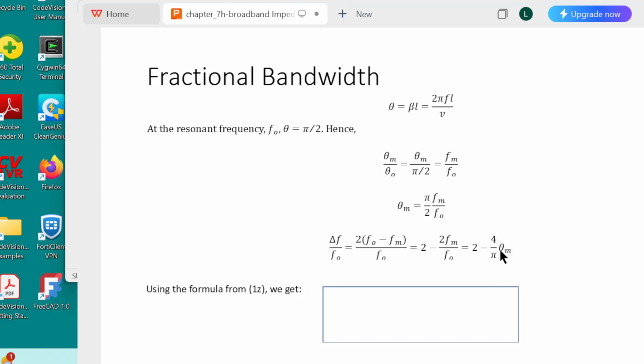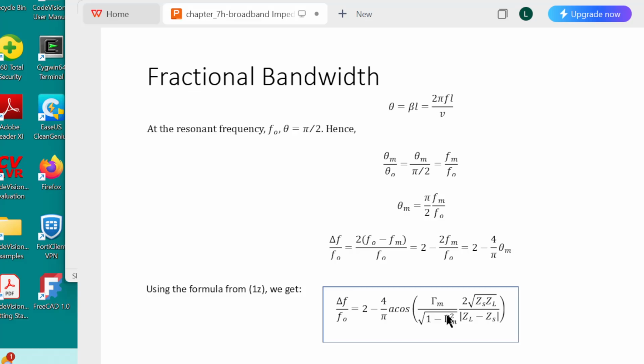Previously, we have already worked out beta m. Beta m is expressed in terms of gamma, and this is what we get. Now, this is the formula for the fractional bandwidth of one single stage, one quarter wave transformer.